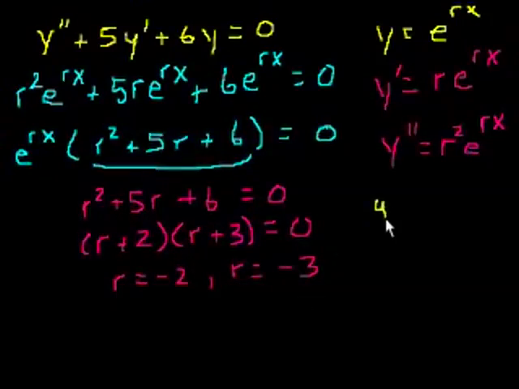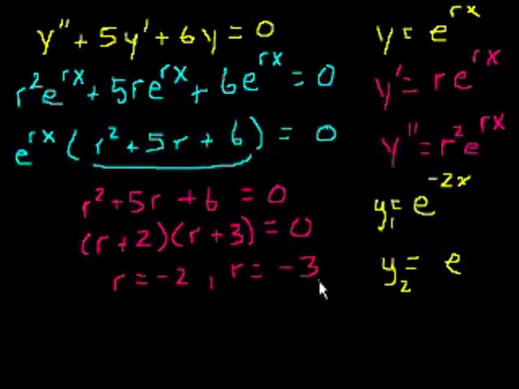Well, the first one is y is equal to e to the -2x, right? R is -2. And then we could call that y1. And then the second solution we found, y2, is e to the -3x. Now my question to you is, is this the most general solution?